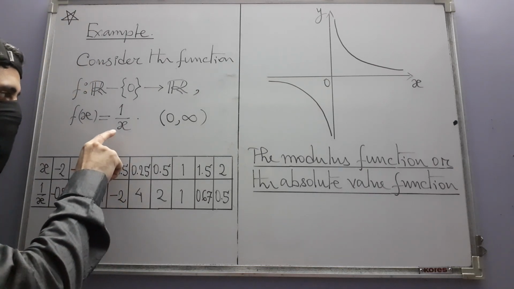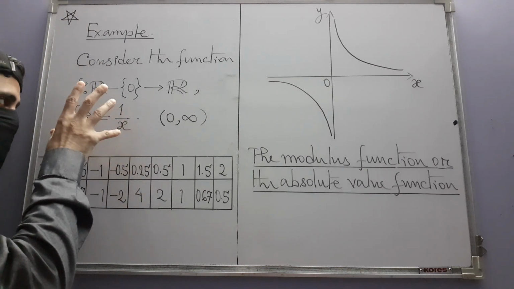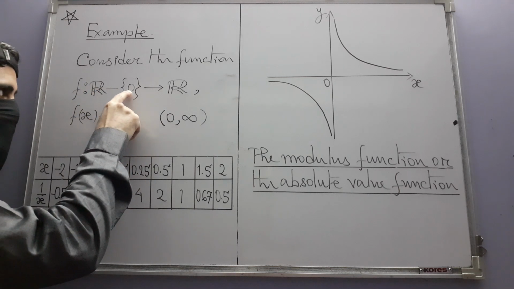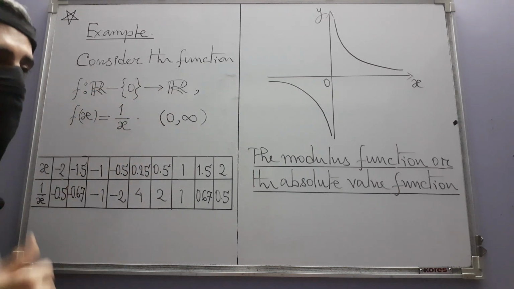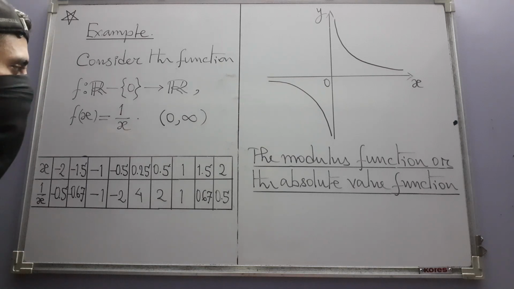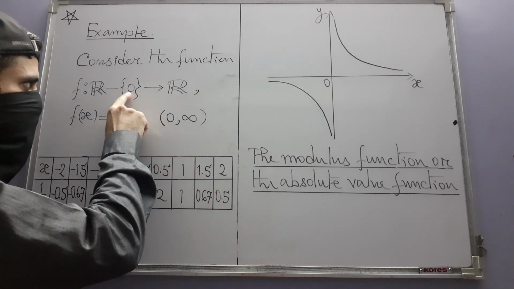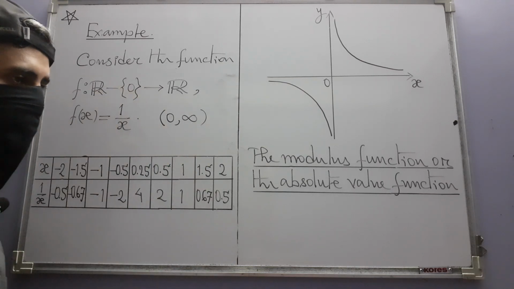However, we cannot choose R to be the domain of this because of the problem of division by 0, which is not allowed. And that is why we have to remove 0 from R.